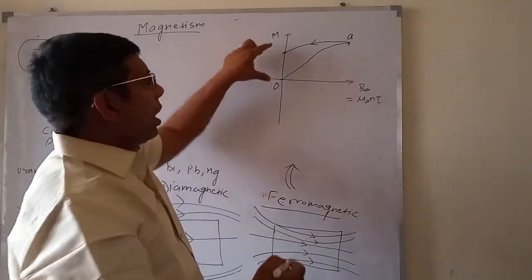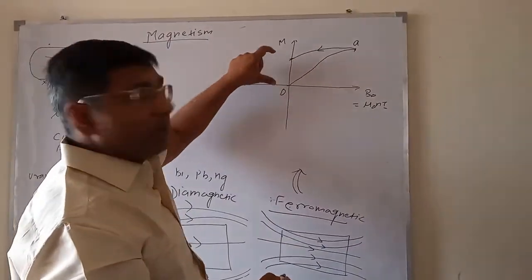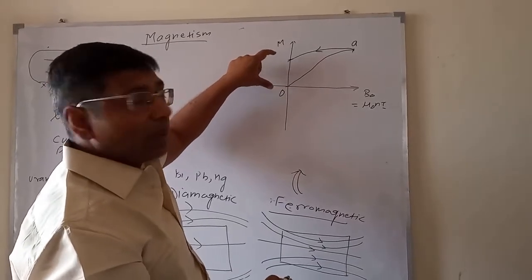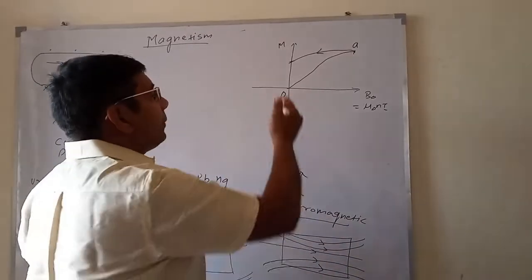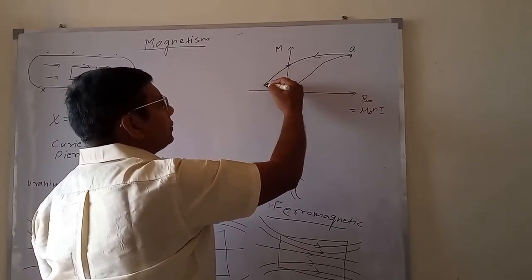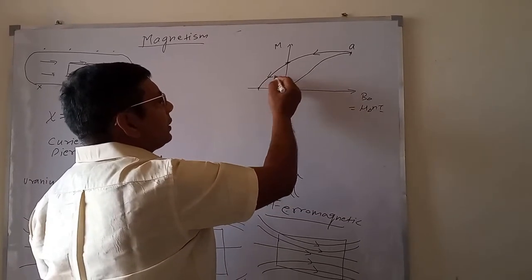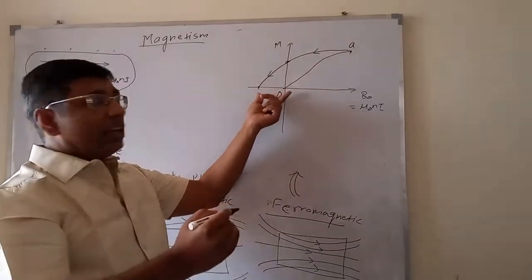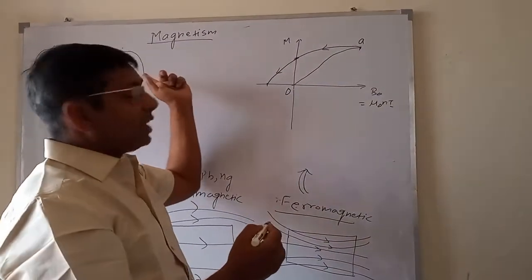So our material has become magnetized, right? If we want to demagnetize it, we have to go further. If we reach here, then we find that it is demagnetized. But you can see that the current is now flowing in the opposite direction, right?